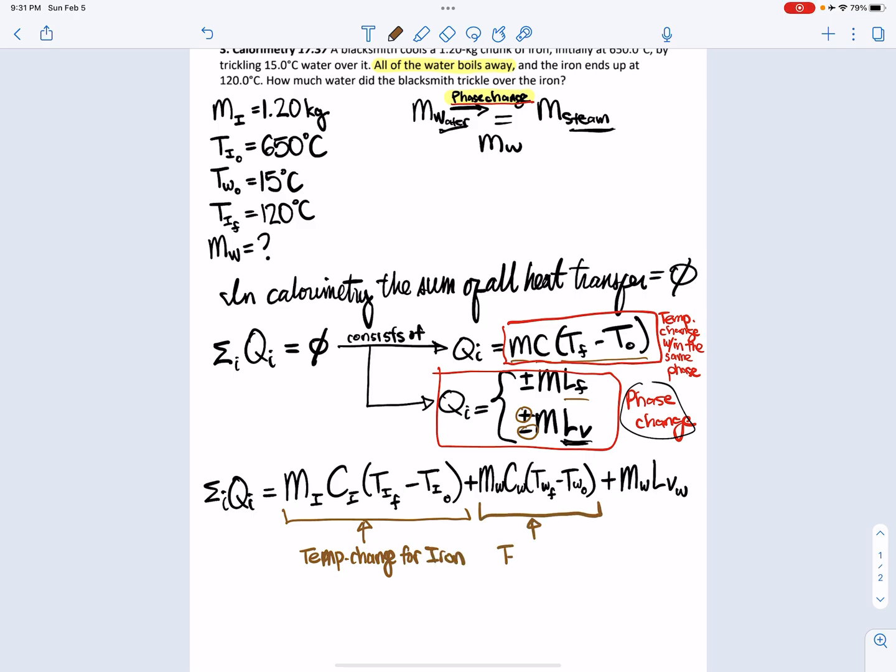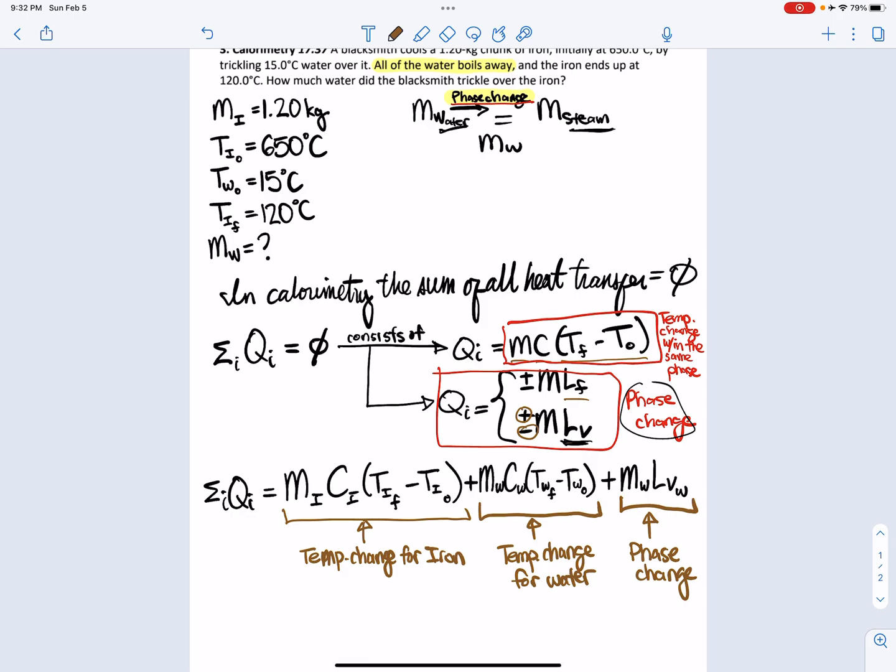This is the temperature change for water. And this one is the phase change when we go from water to steam, right?